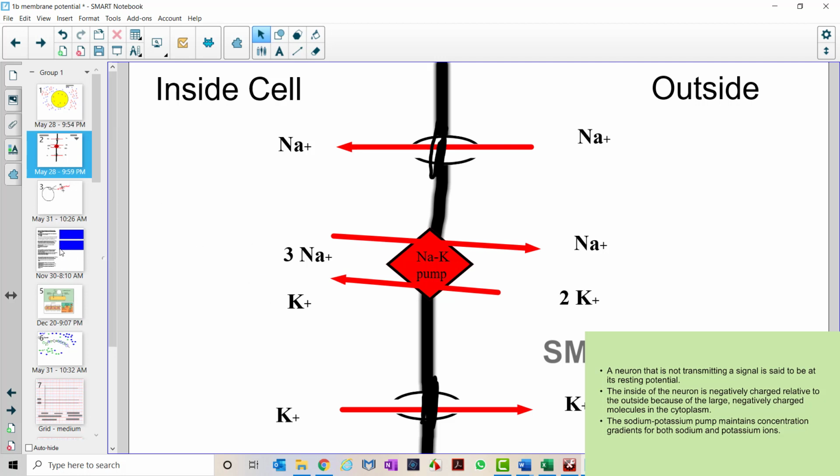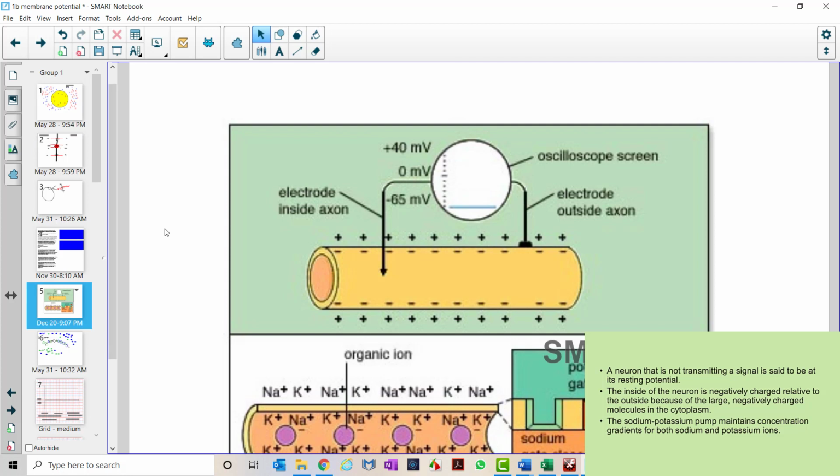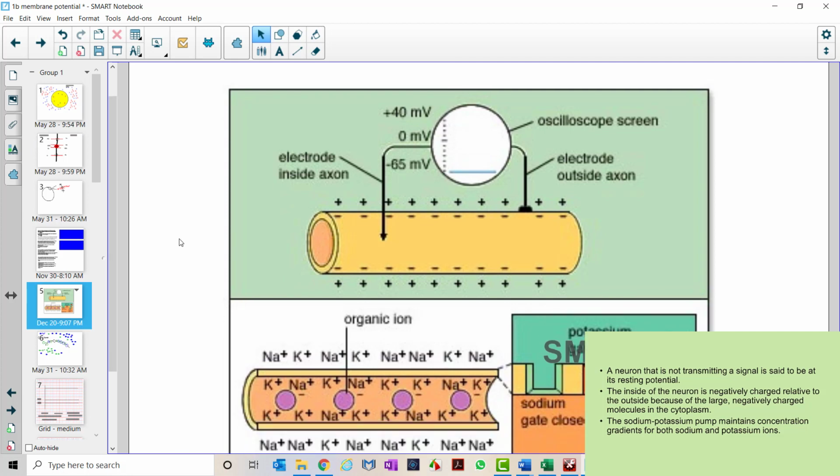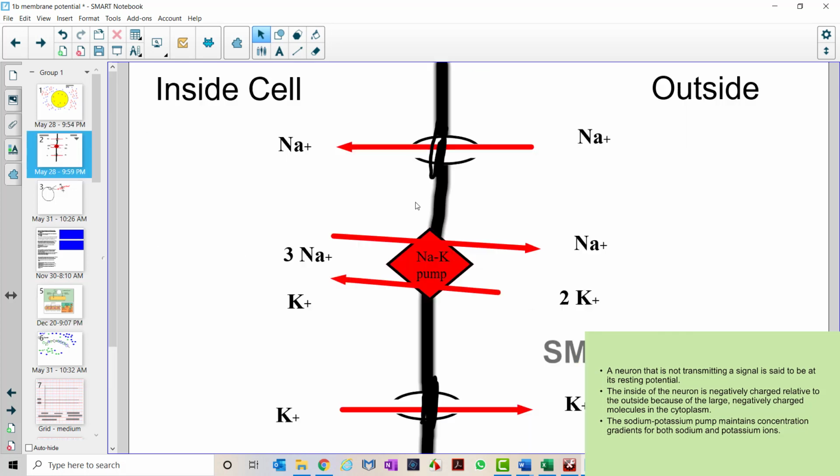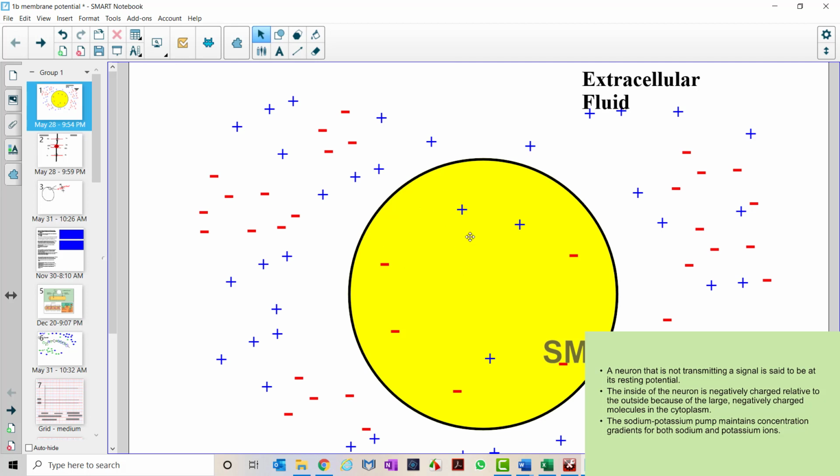Okay? So if we measure it like we would measure anything, using a small millivolt meter, we are able to measure this, and we'll find that the inside of the cell, because of the movement of more positives out and fewer positives in, has an overall charge that will be negative. The membrane polarity of the cell is negative.